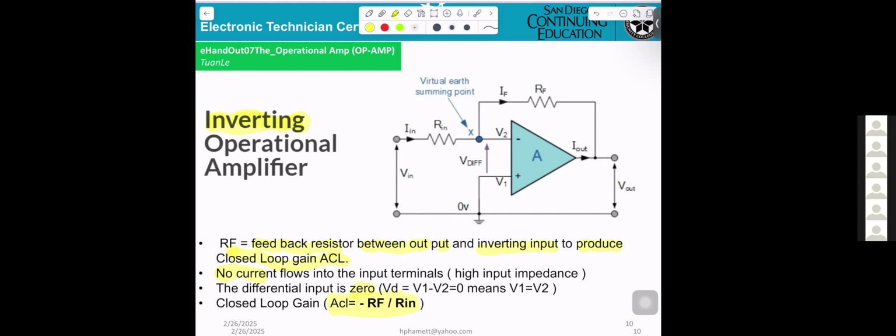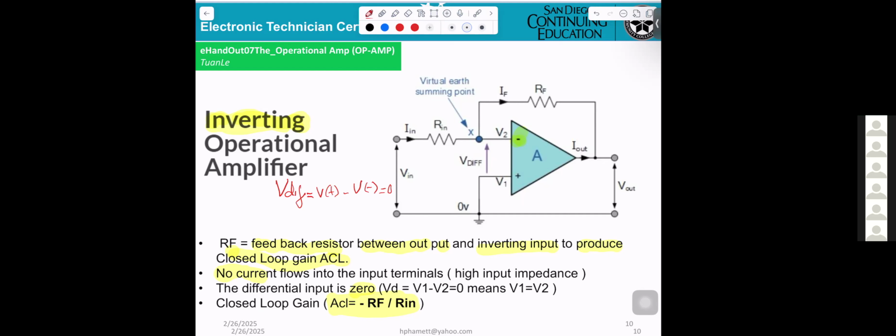Okay, so for inverting, the input is applied to the negative and the positive is grounded. Also make sure you know V different equals Vs positive minus Vs negative, and they want it to be 0.